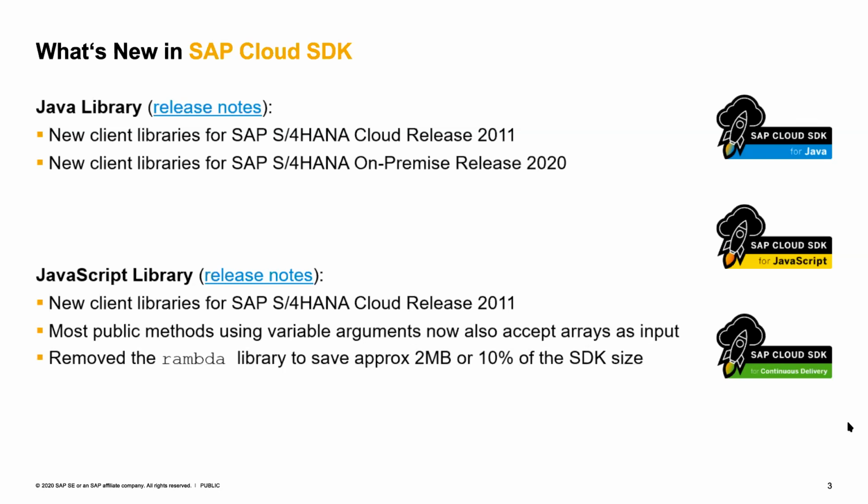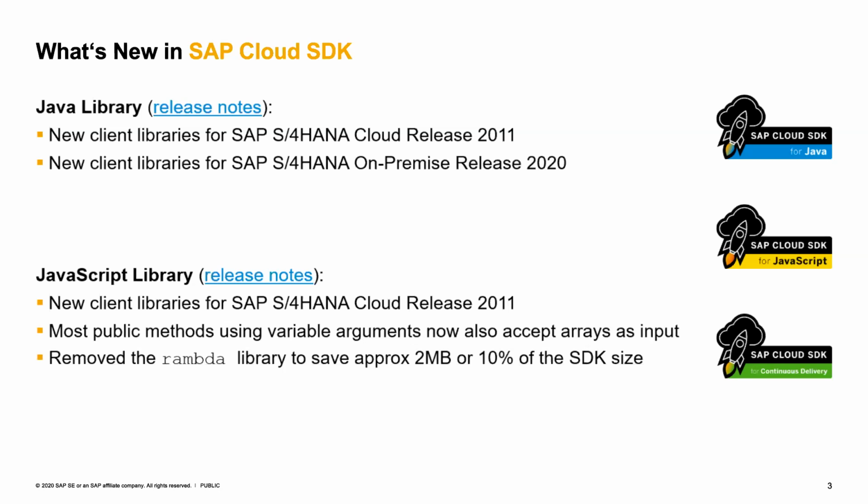And by doing this, we are actually saving around 10% of the size of the dependency. So this is around 2 megabytes now. Still, it's a significant amount, as you see. 10% of the SDK size is a good saving here. So once you update to the new version, you can, of course, clean up your node modules.